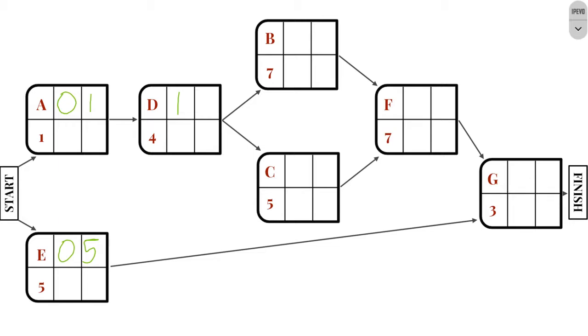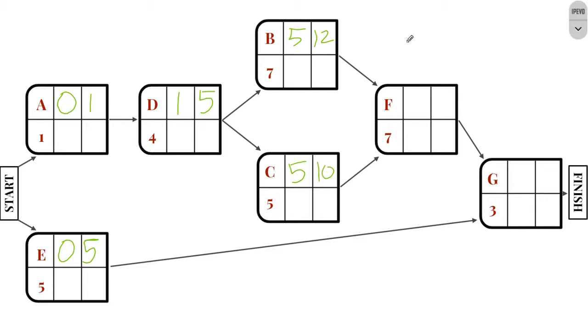So to find the earliest finish time of activity D, I do 1 plus 4, which is 5. Activities B and C are only dependent upon D, and so that means that they can start once I finish activity D. So the earliest that B and C can start is after 5 days. Their earliest finish is just 5 plus 7, which is 12 days, and 5 plus 5, which is 10.